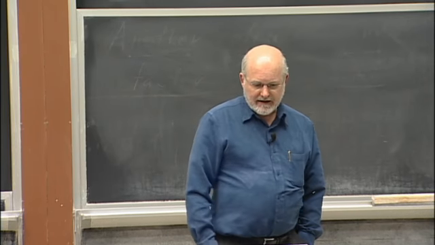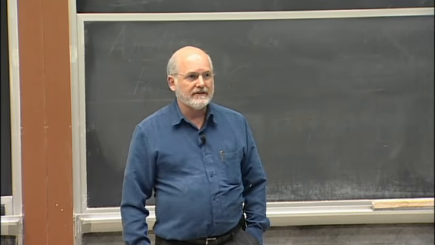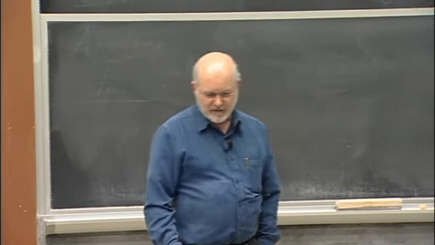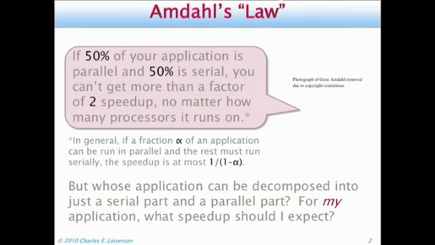So when people talk about parallelism, one of the first things that often comes up is what's called Amdahl's Law. Gene Amdahl was the architect of the IBM 360 computer. He then left IBM and formed his own company that made competing machines.